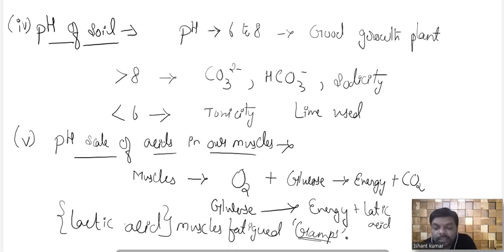Also, one more example I can give you for this pH scale is copper utensils. If present in your home, we generally use copper utensils for puja purposes. A green colored layer is formed on the copper, or the copper gets blackened.